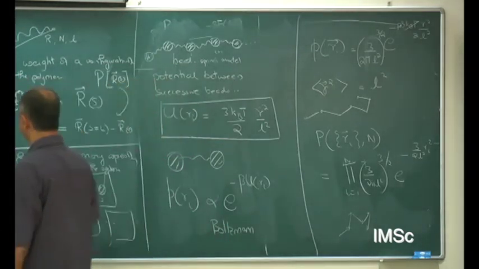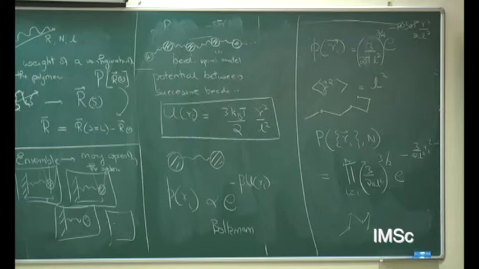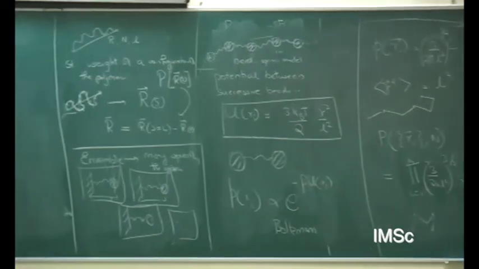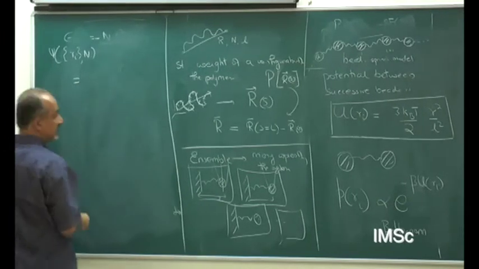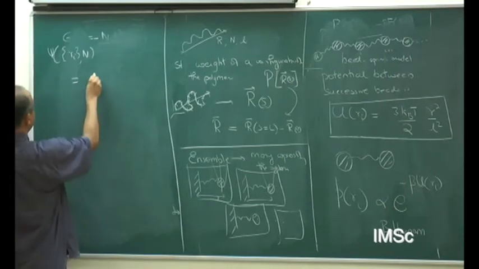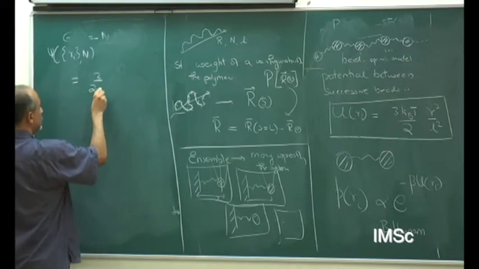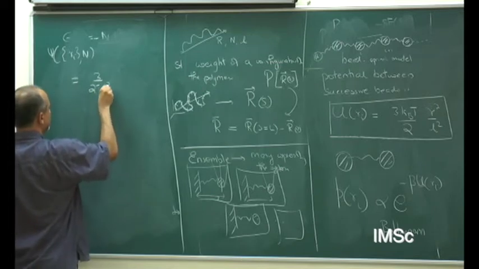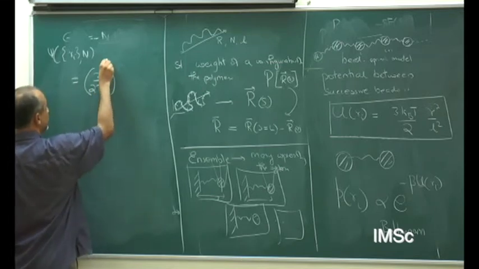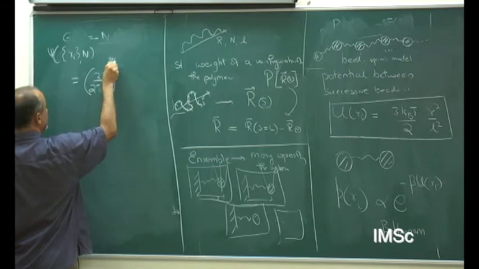And now this I can simplify a little bit to write psi of the set Ri comma n. It is just that first term, which is 3 over 2 pi L squared whole raised to the power 3n by 2.